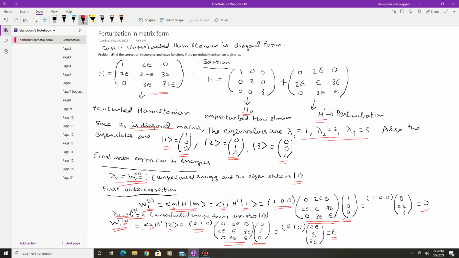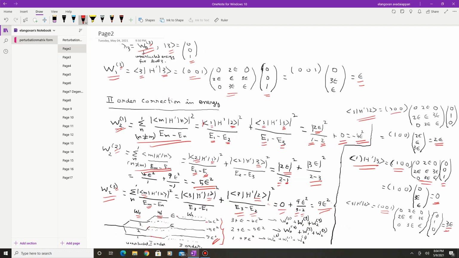If you evaluate between the unperturbed states, for the first state, 1|H'|1 is 0, and for the other states, the first order correction for the second state we have calculated is epsilon, and similarly the first order correction to the third state is epsilon.